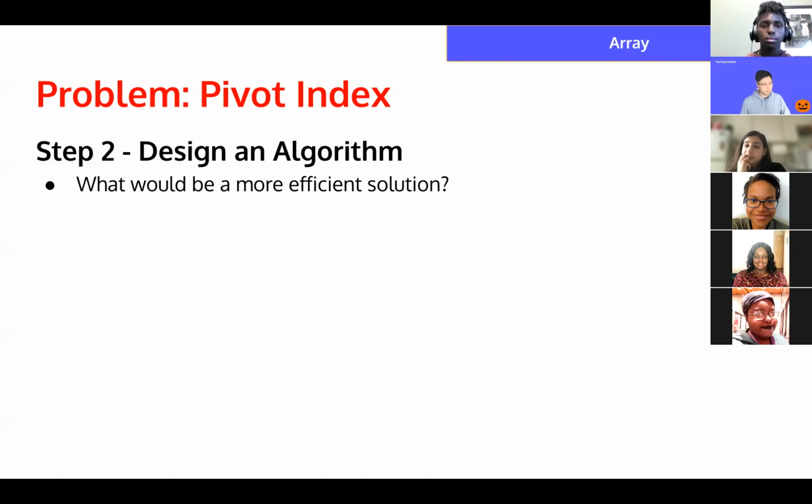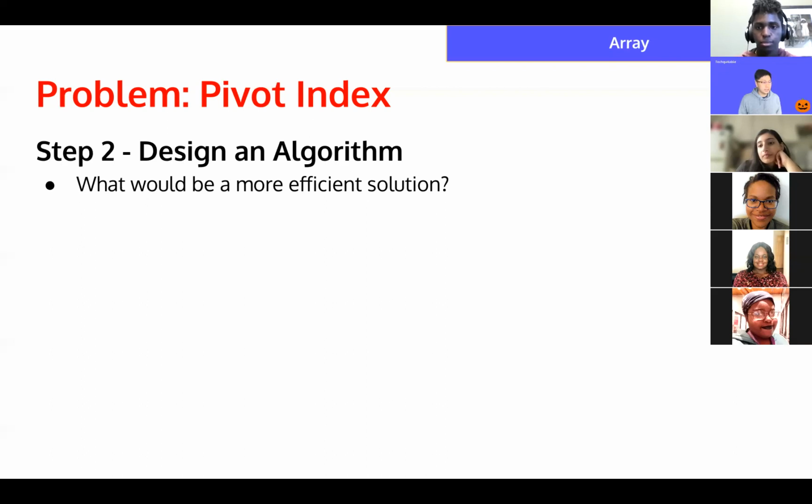So if I have the total sum, I was thinking of having that as an integer and then iterating through it again, but now keeping the right sum and also subtracting the total sum, I guess. And then comparing the two to see if they're equal at any point.